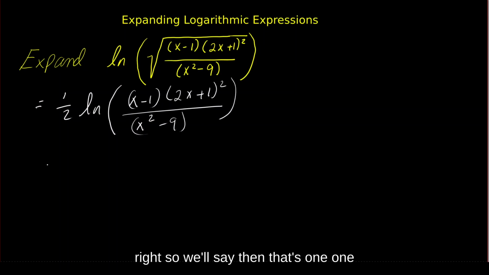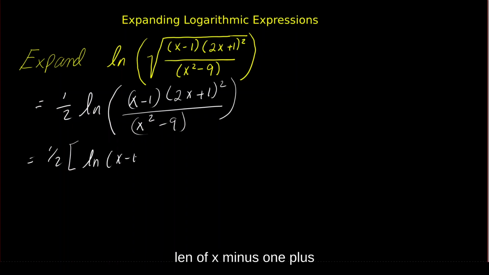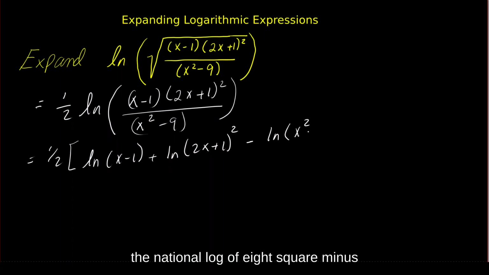All right, so we'll say then that's 1/2. I'm going to put a bracket sign, because that'll be the ln of x minus 1 plus the ln of 2x plus 1 squared minus the natural log of x squared minus 9.